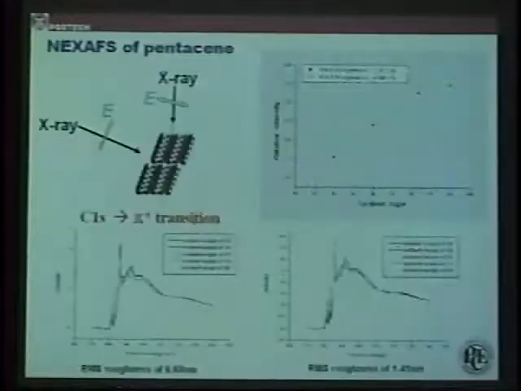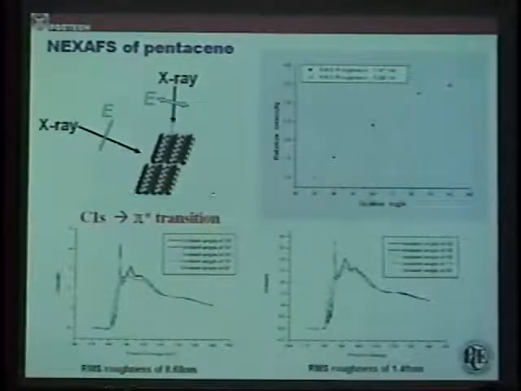Next. This is again confirming that the pentacene is lined up vertically to the dielectric layer surface. The X-ray comes this way at 90 degrees, and this way at 20 degrees of incident angle. The pi transition is higher at 90 degrees, while the sigma direction, this vertical direction, is higher at 20 degrees.